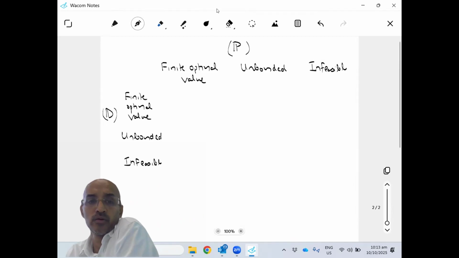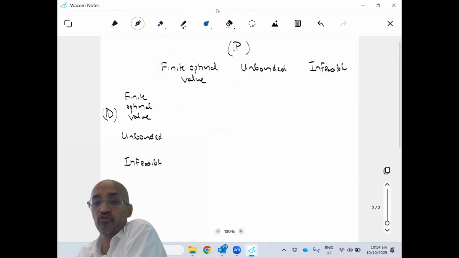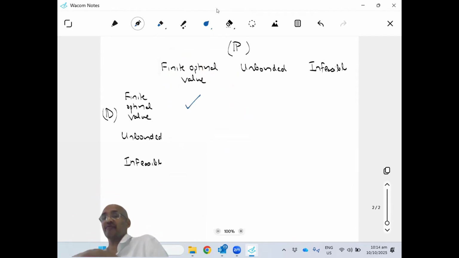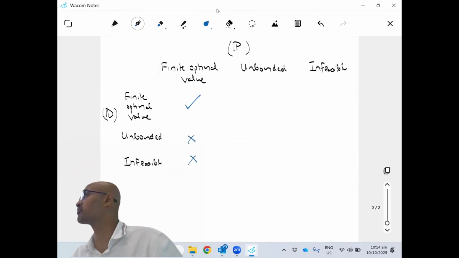So what does strong duality tell us? Strong duality says that if the primal has an optimal value, the dual also will have a finite optimum value. So only this can occur. You cannot have one LP having a finite optimal value and the other LP being unbounded or infeasible. Similarly, the dual cannot have a finite optimum value while the primal is unbounded or infeasible.